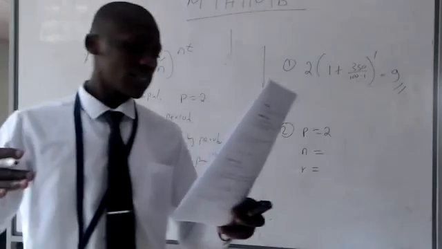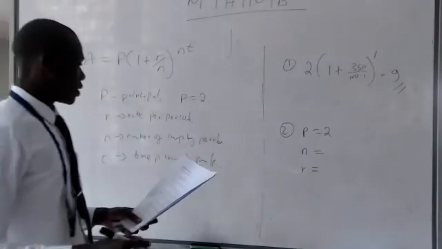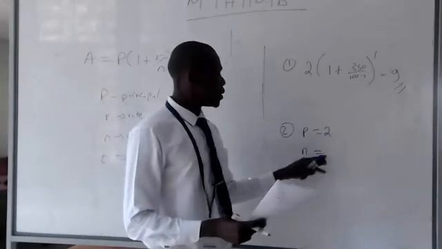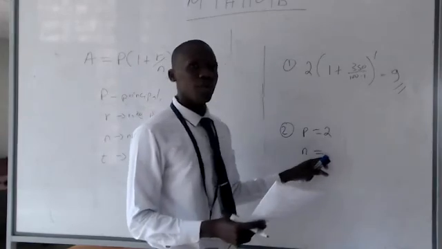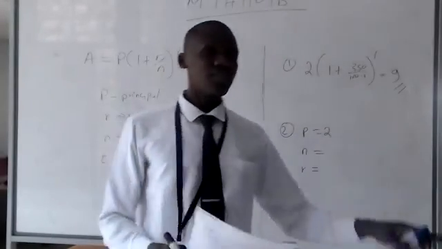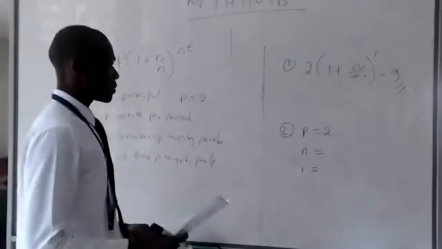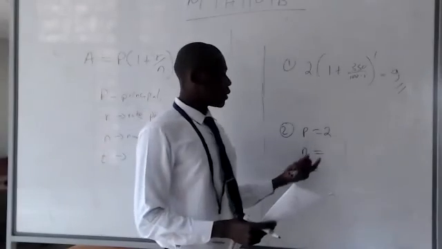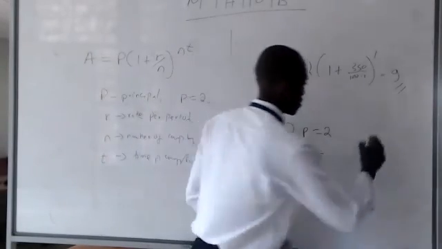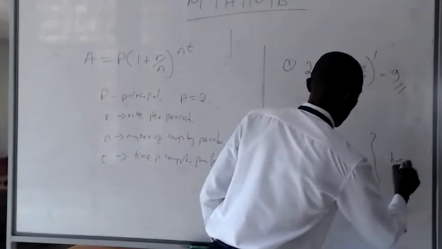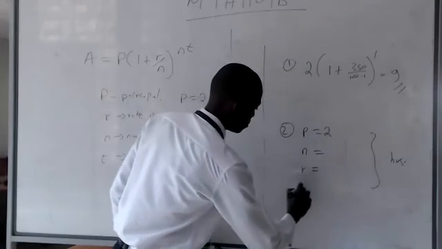Now you are investing hourly, so the number of periods should be in hours. The compounding period now is in hours. So T will be in hours.